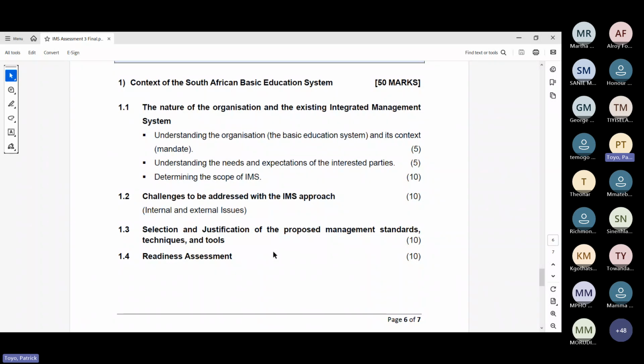Selection and justification of the proposed management standards, techniques, and tools, and also try to go beyond just the formal standards, formal management systems. So it mustn't be just looking at 9001, 14000, etc. Look at what management system you think could be useful in addressing some of the deficiencies that you will see here.